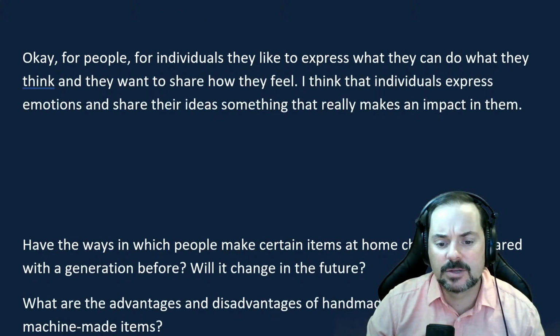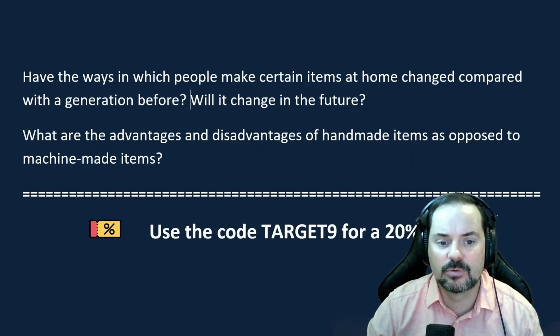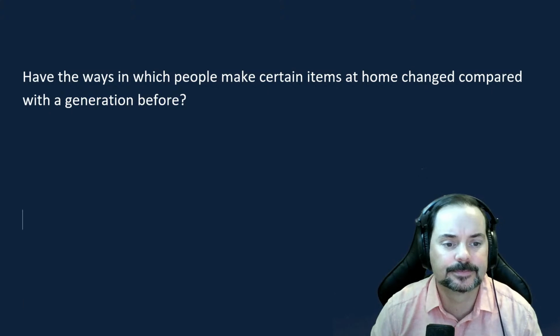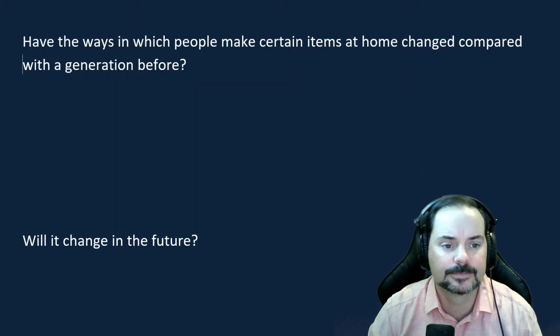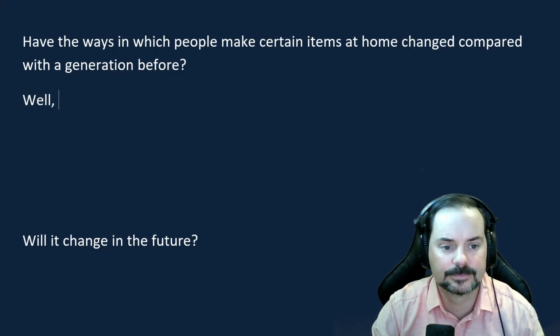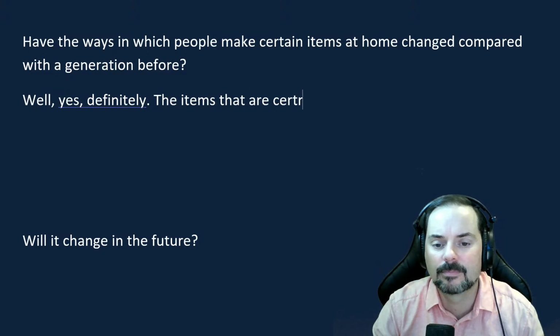Have the ways in which people make certain items at home changed compared with a generation before? Well, yes, definitely. The items have certainly changed compared to the younger generation.